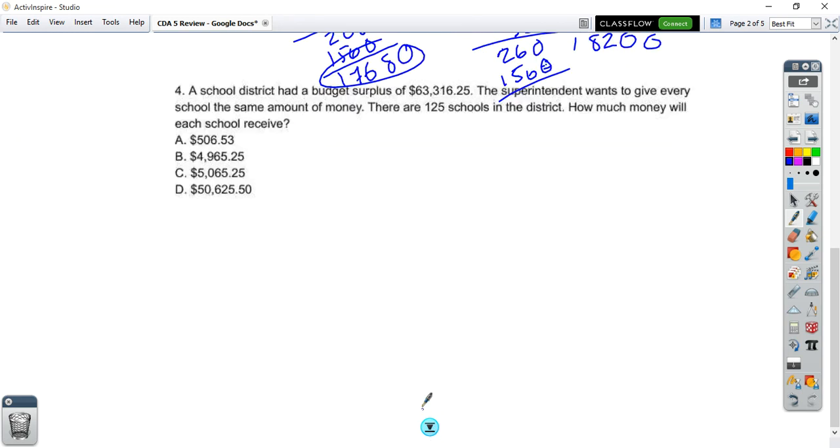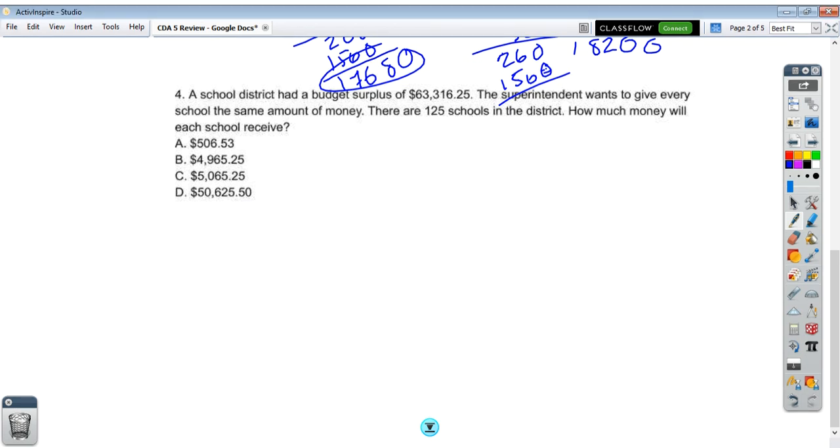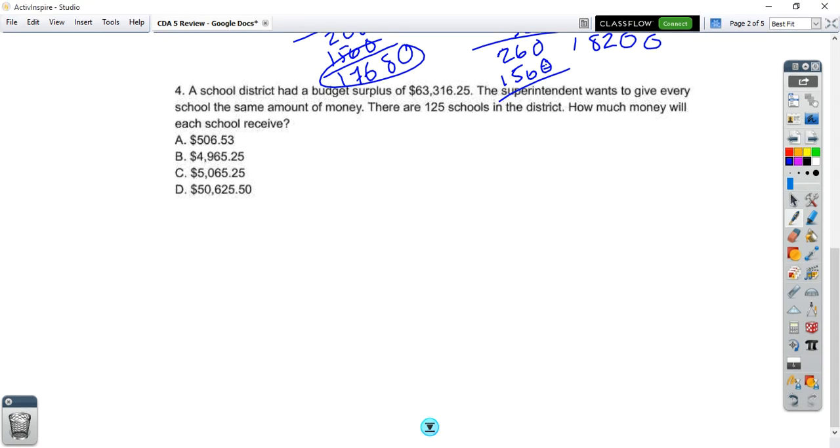Question number 4. A school district had a budget surplus, that's extra money, of $63,316.25. That's an obnoxious number. The superintendent wants to give every school the same amount of money. There's 125 schools. How much money will each school receive? So let's look at it. As I'm looking here, I can automatically think, okay, these are not nearly the same, and these are not nearly the same. So I'm going to estimate because these are spread out enough that I can estimate.